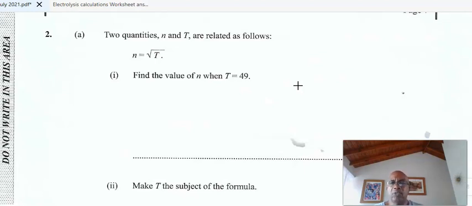This first question is the substitution part of basic algebra in CSEC mathematics. All we have to do is replace the T with its given value, 49. So if we do that, we will get N equals the square root of 49.